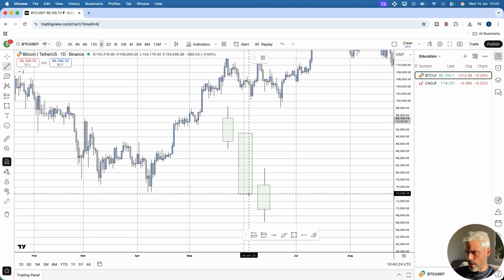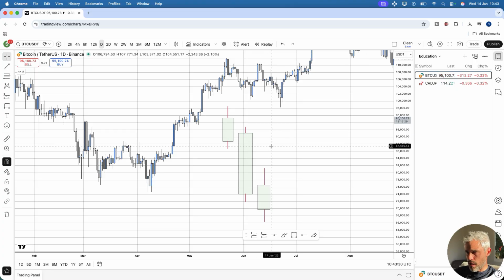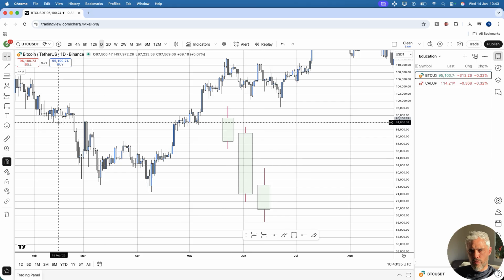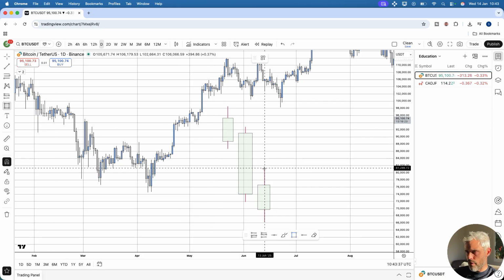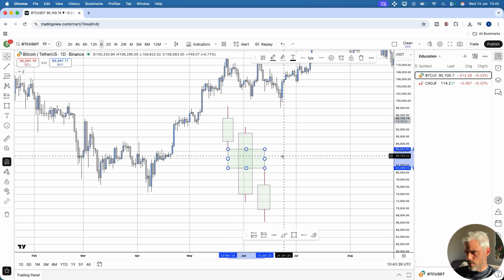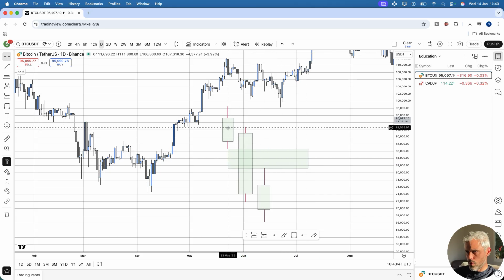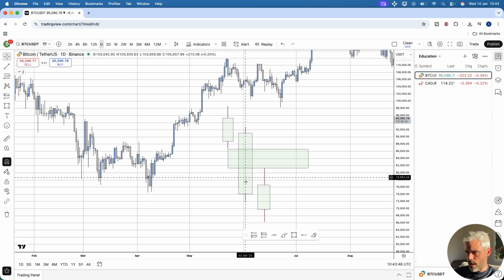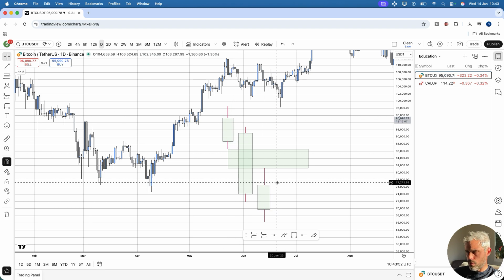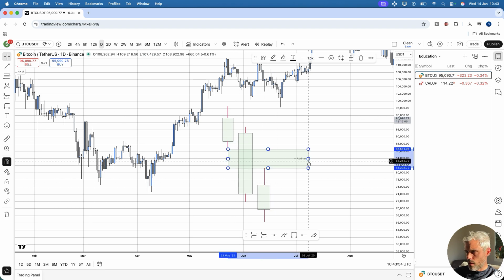So I'm just drawing a very basic 3-candle pattern, and this pattern is not something to focus on. What is to focus on is the fair value gap and the meaning behind what a fair value gap is. So we have candle 1 here, we then have candle 2, assume this is a bearish candle, candle 3. And what we get left with is an imbalance between candle 1 and candle 3, a fair value gap.